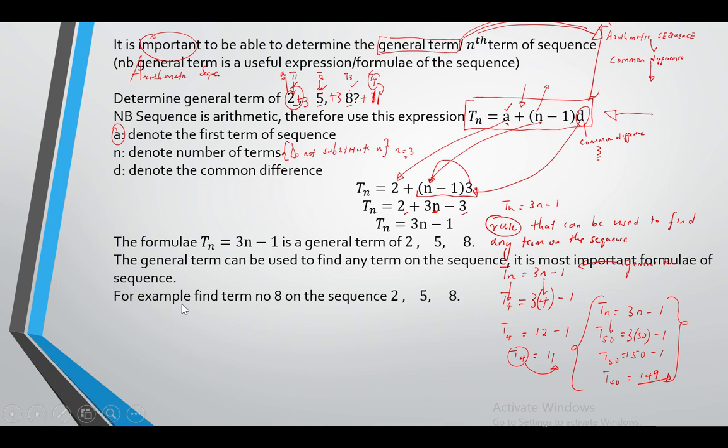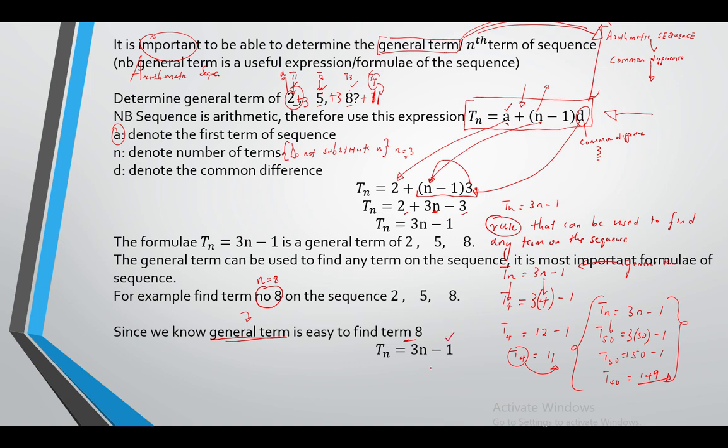For example, find term number 8. This means that where you see n, you are going to put 8. Since we know the general term, it's easy to find term 8. The general term is the important one. It helps us to find any term.